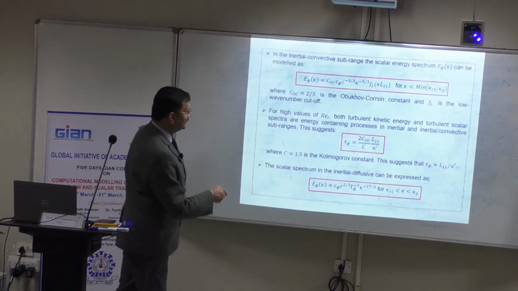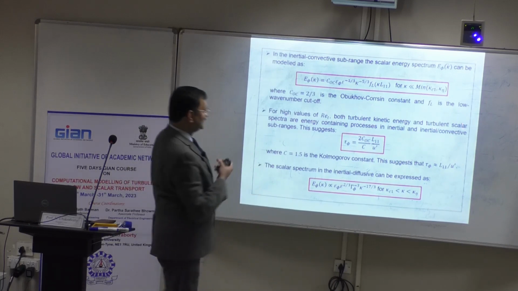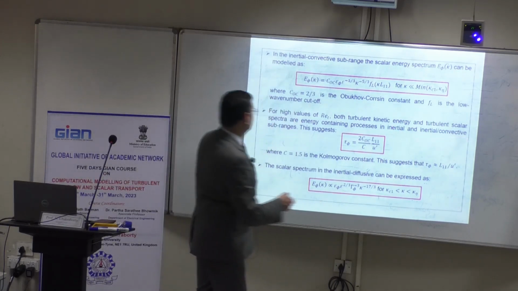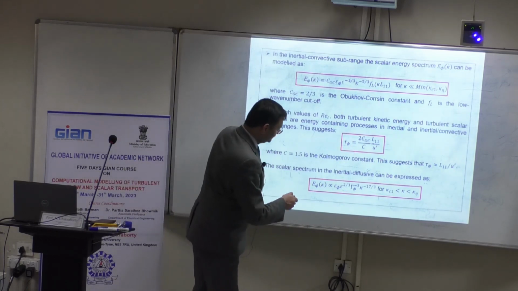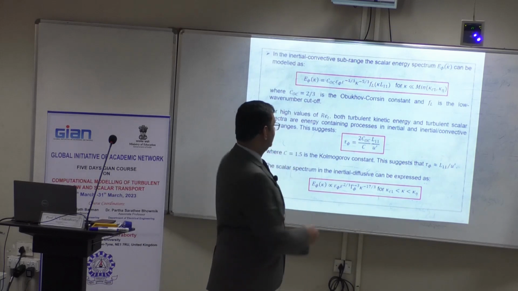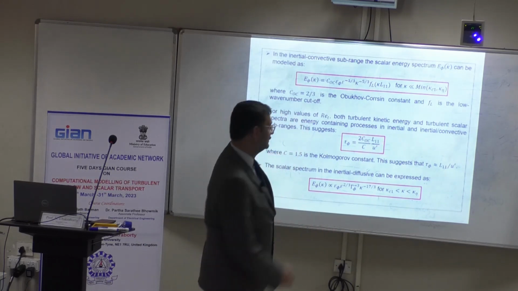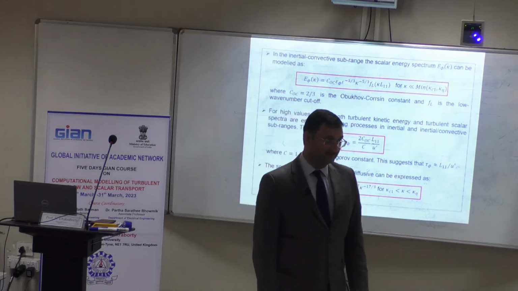For high turbulent Reynolds number, both kinetic energy and scalar spectra are energy containing processes, so inertial and inertial convective subrange. As a result, the integral time scale of scalar mixing scales with L11 over U prime, which is the eddy turnover time, effectively.